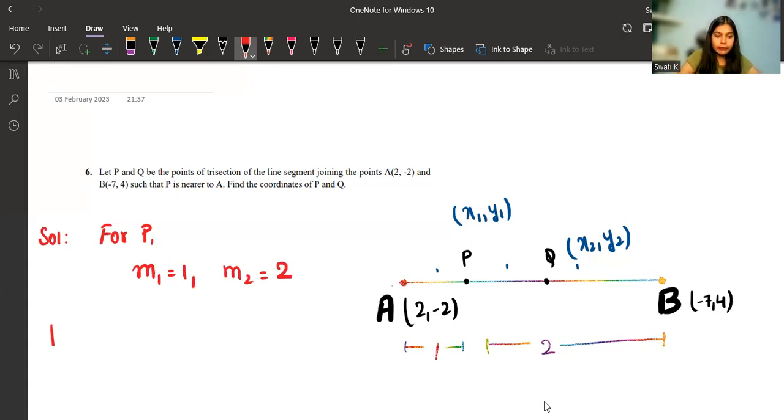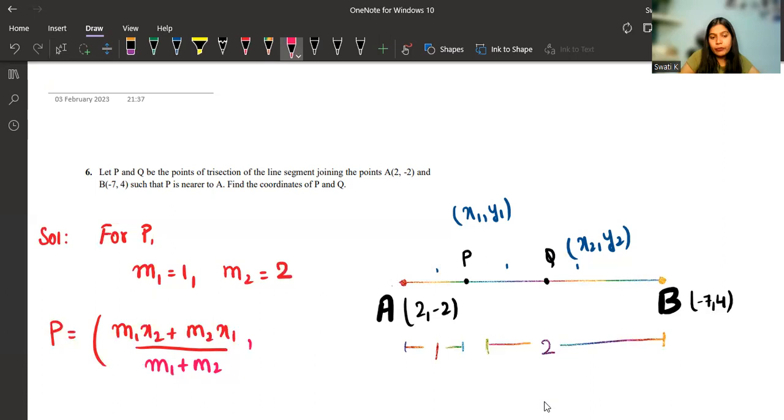P equals M1 into X2 plus M2 into X1 upon, not X1 plus X2, M1 plus M2. And then comma, M1 into Y2 plus M2 into Y1 upon M1 plus M2.